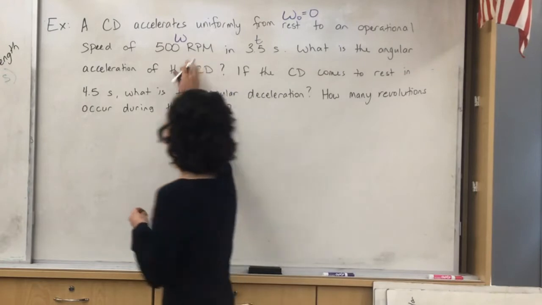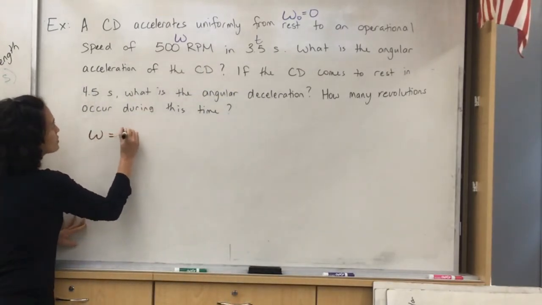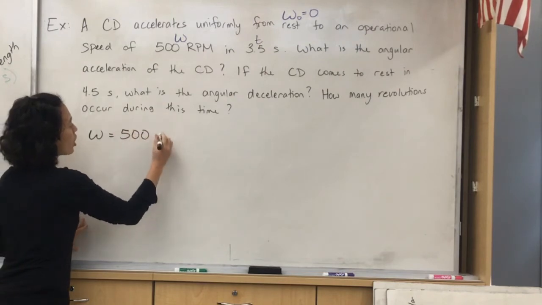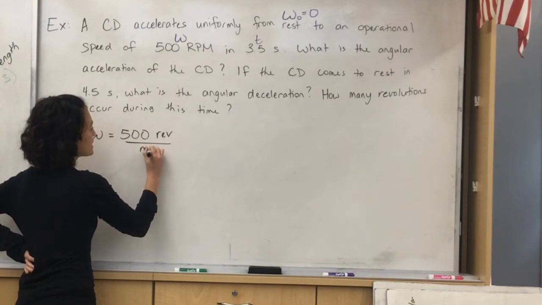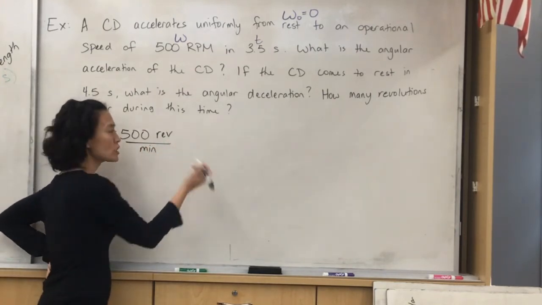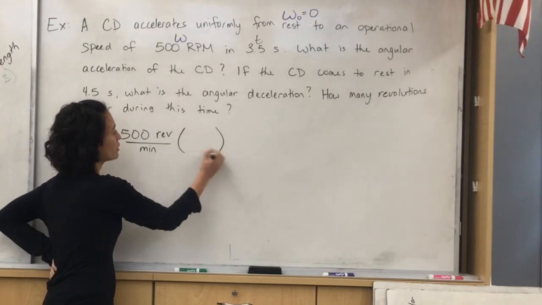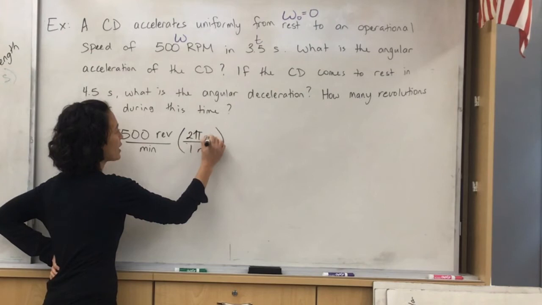Let's convert this. Right now, I have that this omega value is 500 RPM. So that's revolutions per minute. I need to convert that to rads per second. So just a little bit of unit conversions. I know that 1 revolution is 2 pi rads.